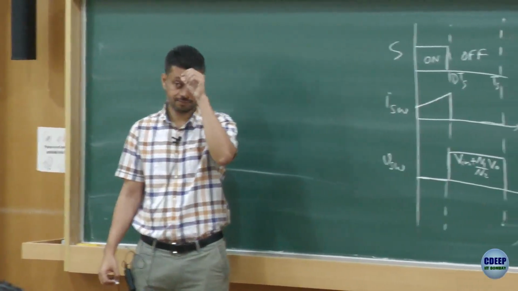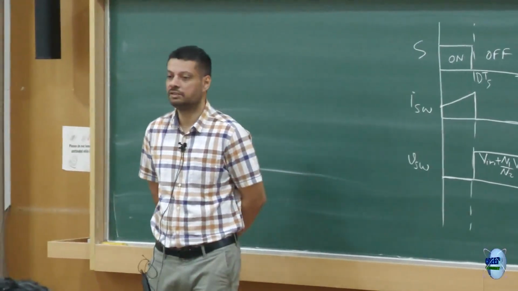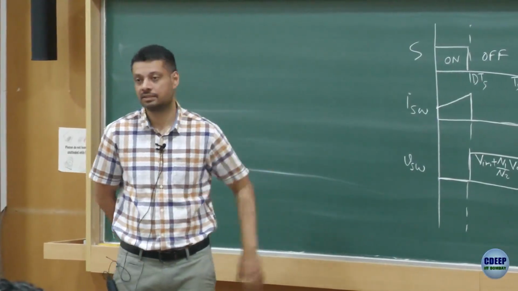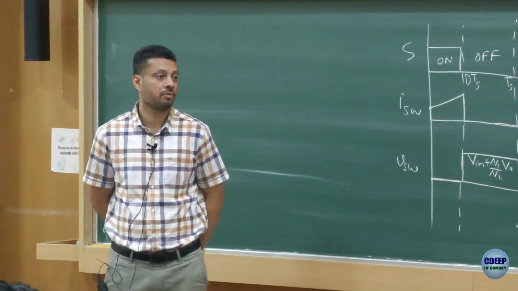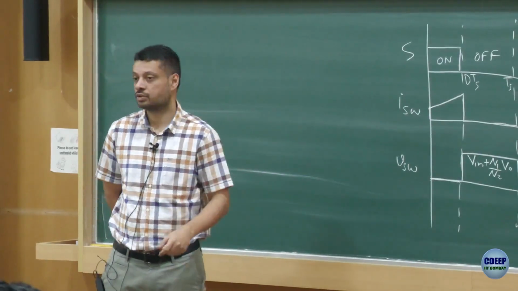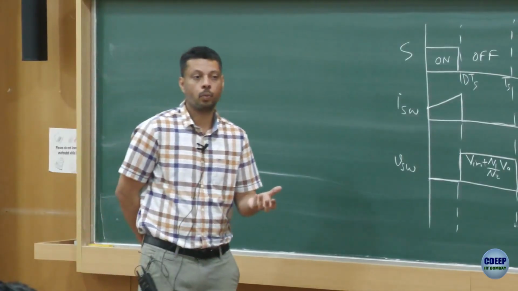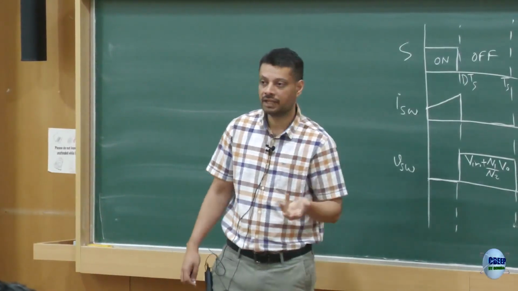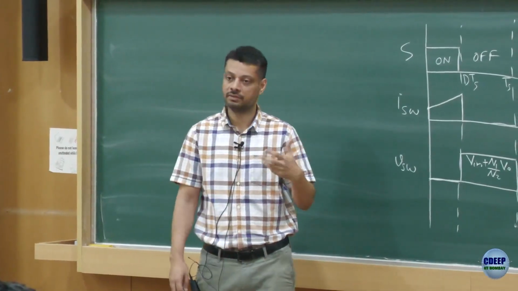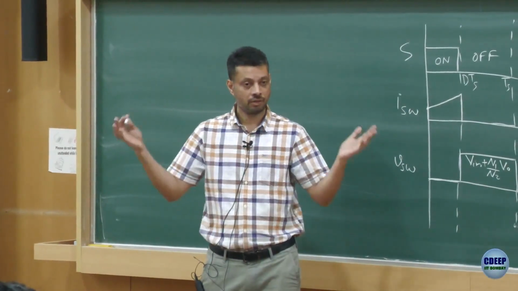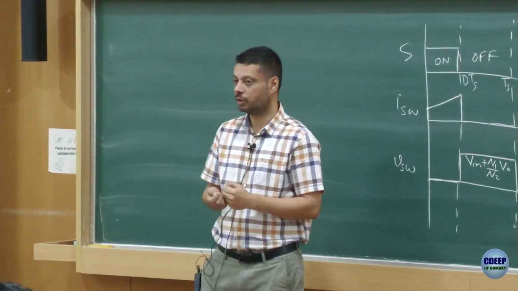Is that okay? So why are we drawing the switch current and switch voltage? Because if you have to build this circuit, the first thing you have to do is go to a market and buy these switches or MOSFETs, right? And when you want to buy a MOSFET, what would you convey to the person who is selling it? That I want a MOSFET, fine, but there is an enormous number of MOSFETs, so you need to define which MOSFET you want.